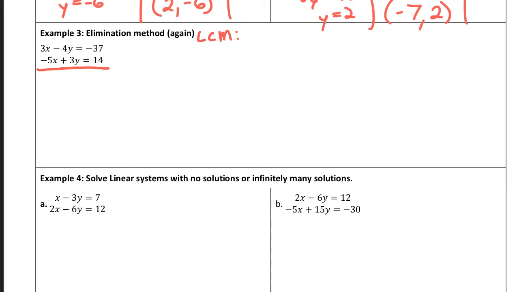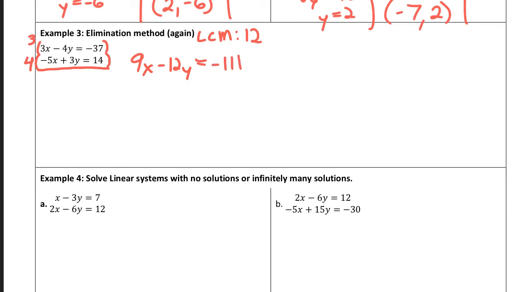So I'm going to think of the least common multiple of 4 and 3, which is 12. So that means to get 12, I'm going to multiply the top equation by 3 and the bottom equation by 4 to get the y's to both have coefficients of 12. So the top equation becomes 9x minus 12y equals, and I'm going to do negative 37 times 3 in my calculator to make sure, negative 111.